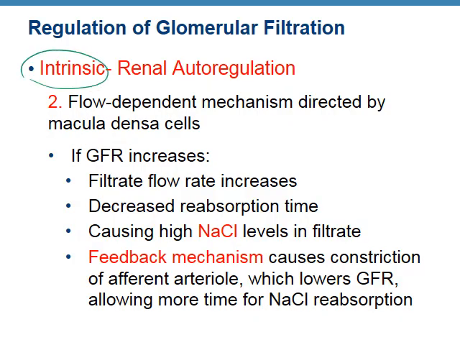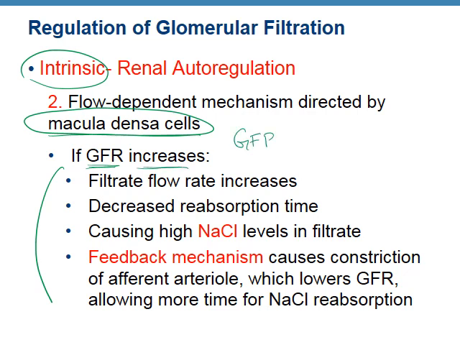The second intrinsic control, or the inside control by the kidneys to regulate glomerular filtration rate, is by those macula densa cells. So let's see if you can follow this, and then we'll look at the image. They're saying if your glomerular filtration rate increases, so if your GFR is high, that means the amount of filtrate increases.